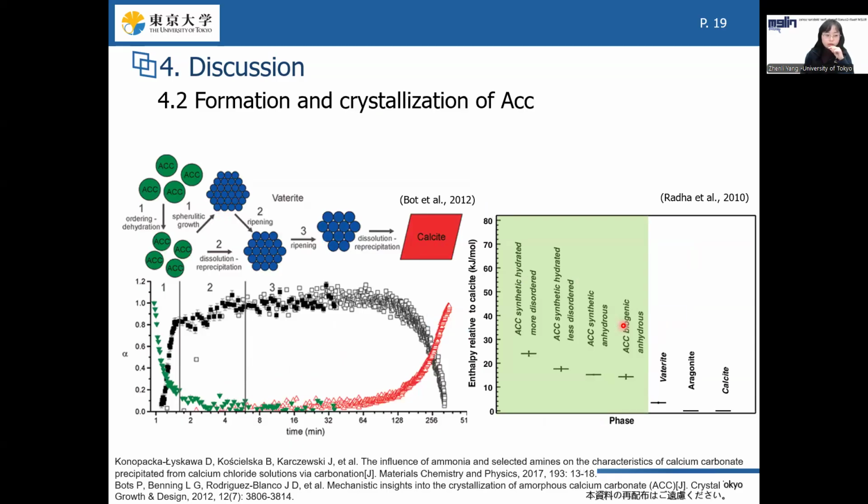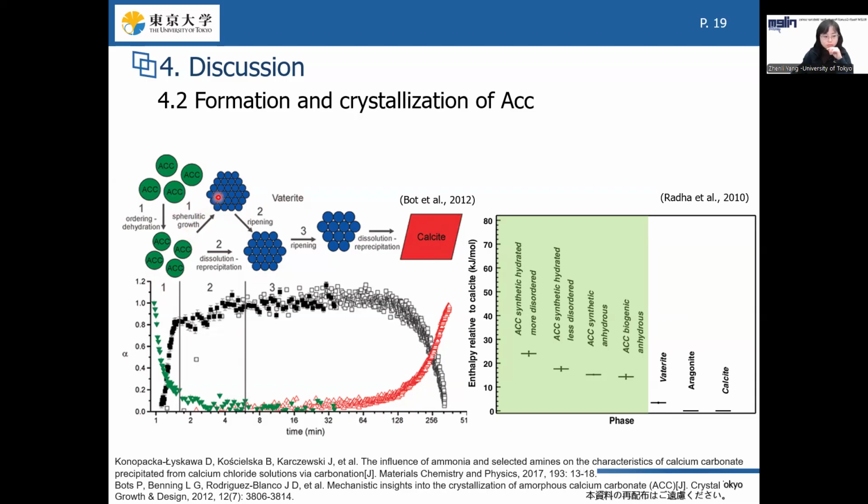Then next, we discuss how the amorphous phase is formed and crystallized. This is a classical crystallization theory. First, the ACC is formed. The ACC cluster is formed in calcium-containing solutions, and the ACC dissolves and grows into the vaterite spherulite.